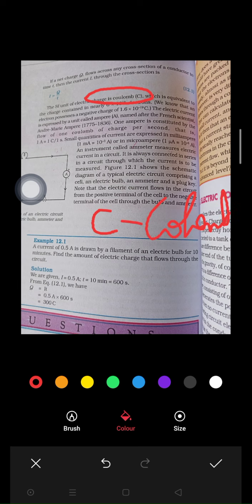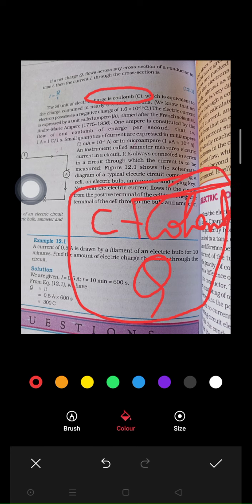Charge is expressed in coulomb, but the symbol is Q. You need to know this. Expressed in coulomb, the charge of an electron is 1.6 into 10 to the power of minus 19 coulomb.